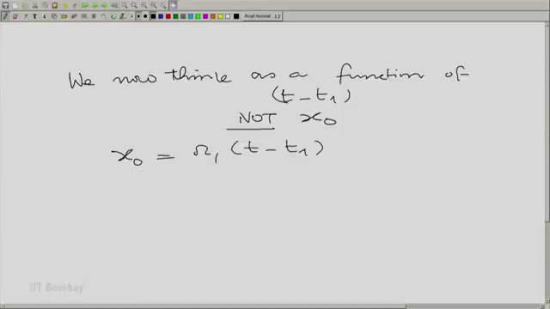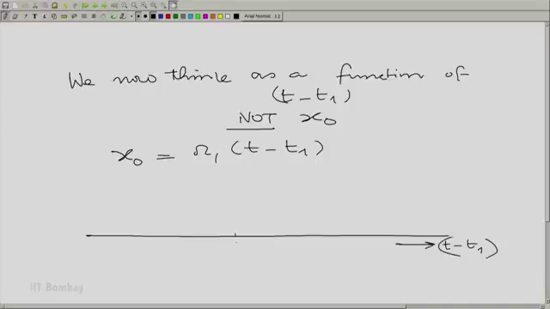So on the t minus t1 axis, of course this point continues to be 0, but now the null comes at the point pi by omega 1 on both sides.